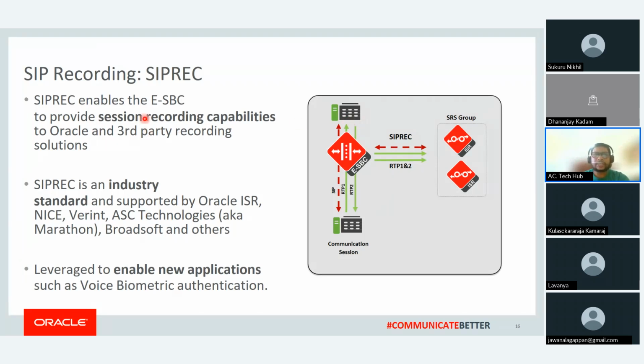So SIPREC enables SIP recording capabilities on this SBC, where you can record the call and then store it on a third-party recording vendor like Nice, Verint, SMRs, and Dubber. Nowadays, Dubber is also a recording platform vendor, where they provide this storage and all. So this is a standard product of Oracle SBC, which you can have for this integration.